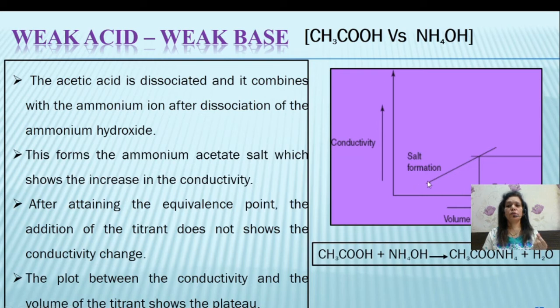So there is an increase in conductivity during salt formation, and as both are weak, the conductivity measurements show a very gradual increase, and then a plateau is observed for excess addition of NH4OH.